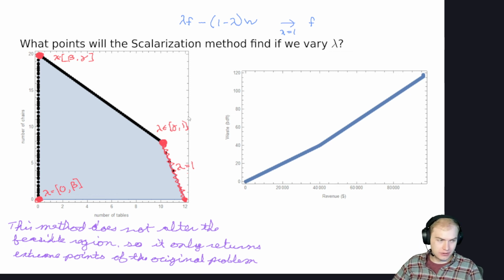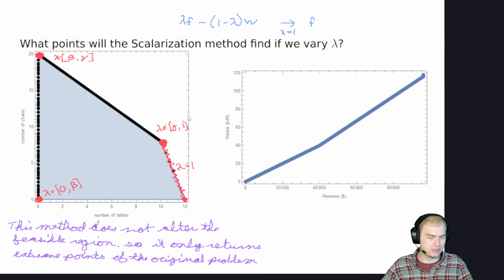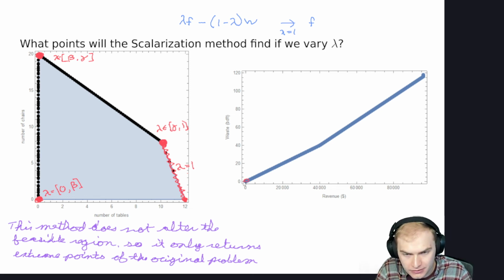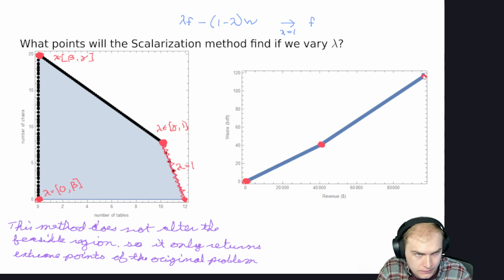So it's only ever going to return extreme points because the simplex method only ever returns extreme points, and we didn't change the feasible region. So the only points on the frontier that we're going to find are these 3 points.